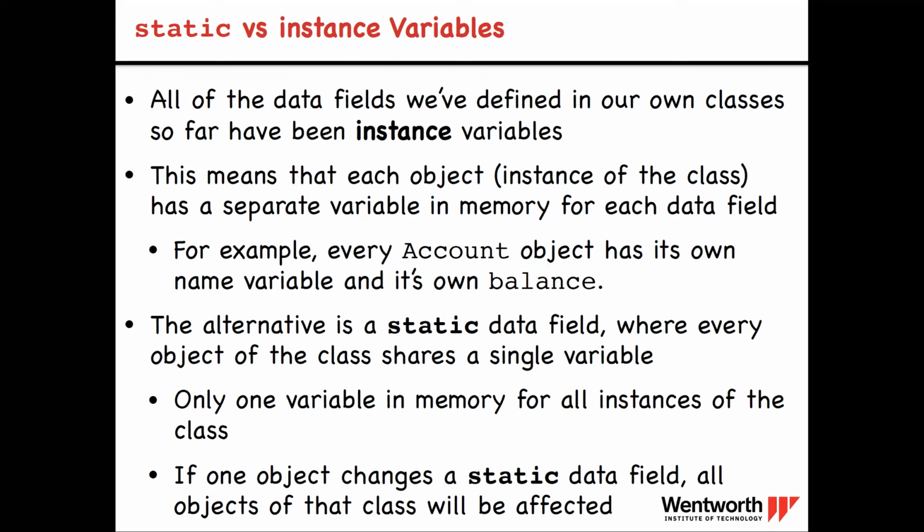That's why thinking about memory can be useful, because it helps inform how the code will actually work, how the variable will actually work. So say we had a couple of rectangles, and there was a static data field for my rectangle class. If one rectangle changes it, all the rectangles are going to be affected. And I'm going to show you an example right now.